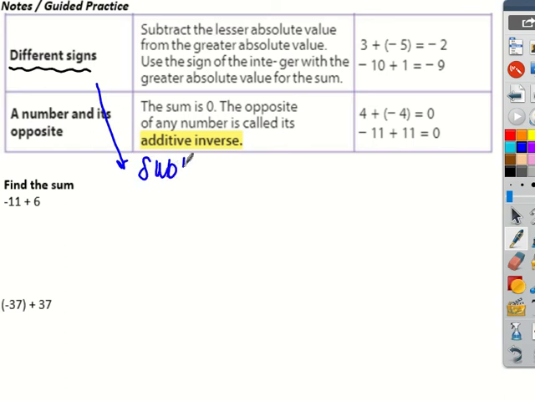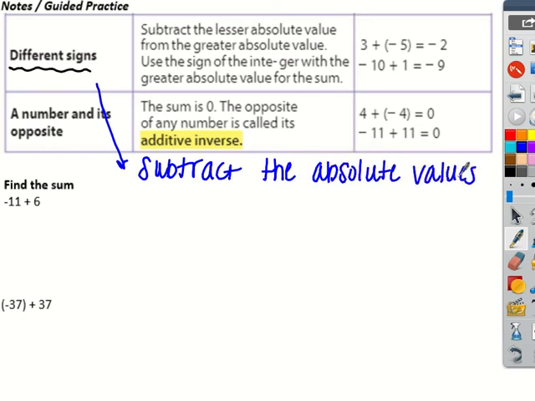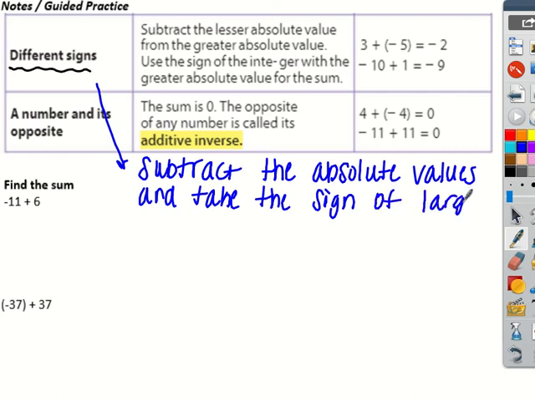You're going to subtract the absolute values and take the sign of larger group.